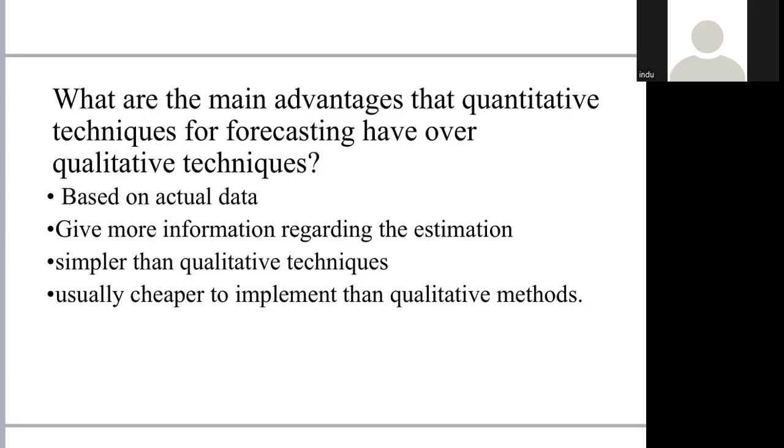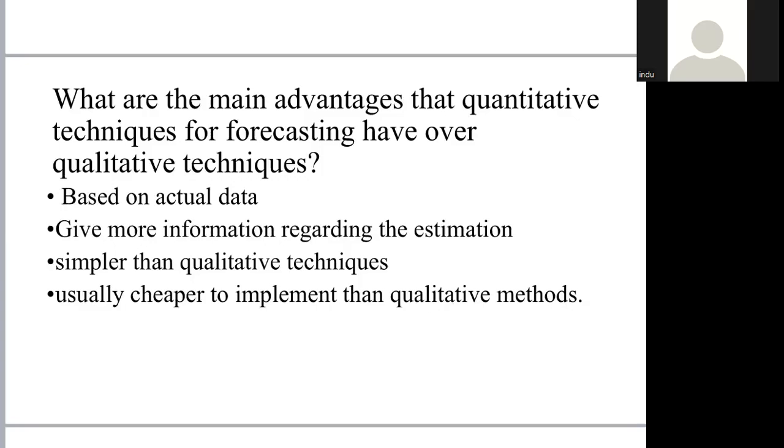And quantitative methods are usually very simple, right? Simpler than qualitative techniques, because with quantitative methods we can understand it specifically, right? Anyway, there should be a mathematical model, but anyone can understand it very clearly, and it is maybe simple. But qualitative methods mostly depend on a person's opinion, right?